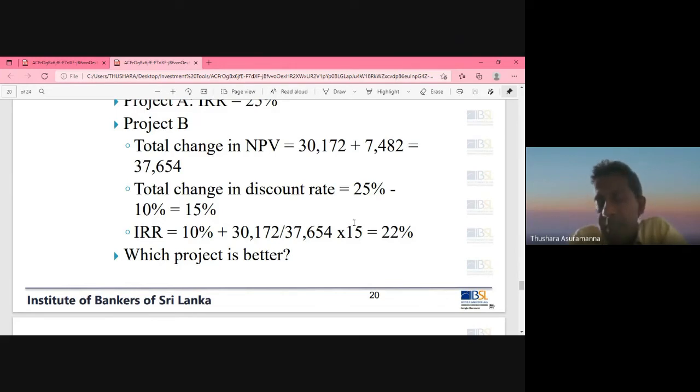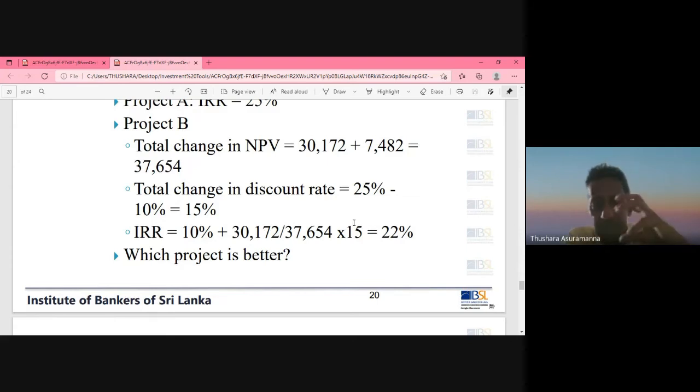R2 minus R1 is basically the change in discounting rate. The change in discounting rate is the numerator. The denominator is the change in NPV, NPV1 plus NPV2. That fraction multiplied by NPV1, that's 30,172, plus R1, the 10% interest rate. So we ended up with an IRR of 22%.